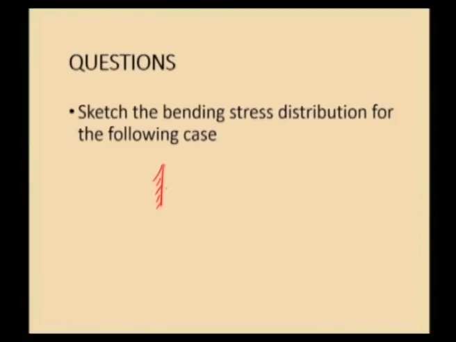So, let us see the questions to be solved with the cases which we have studied so far. We will sketch the bending stress for the following case, that is, we have been given a cantilever beam loaded like this, and the cross section is of L section, an angle section.